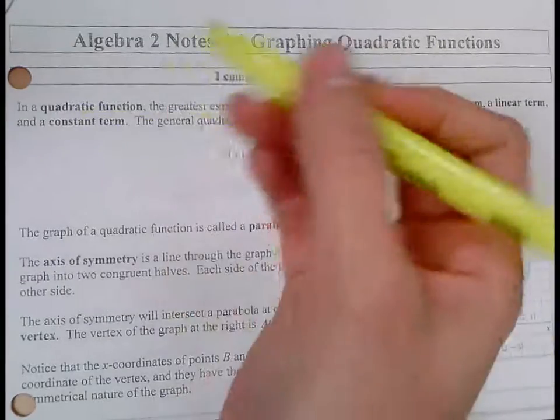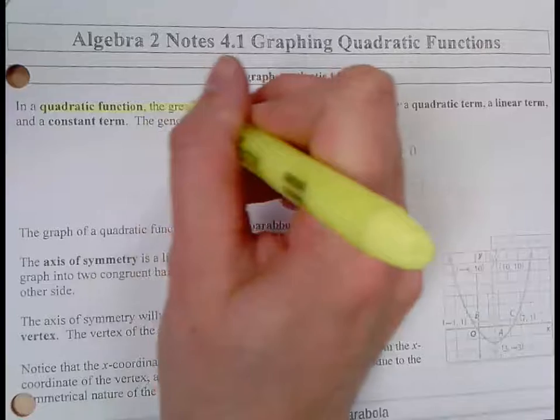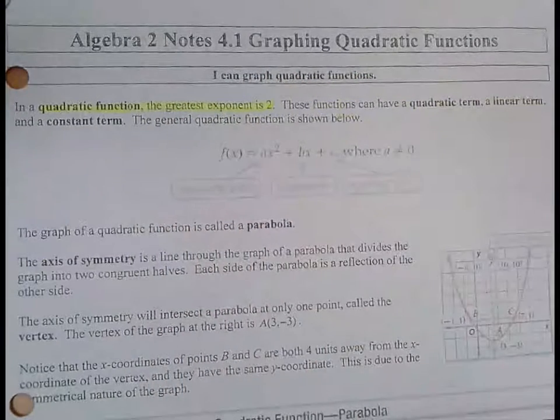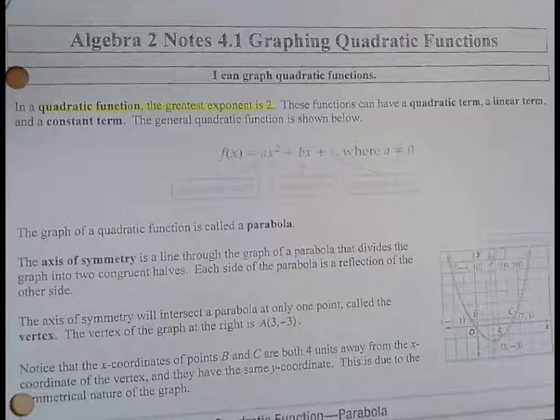So in a quadratic function or equation, the greatest exponent on the variable is 2. So x squared, or if x isn't your variable, whatever it is, the highest exponent is 2. These functions will have 3 terms typically.